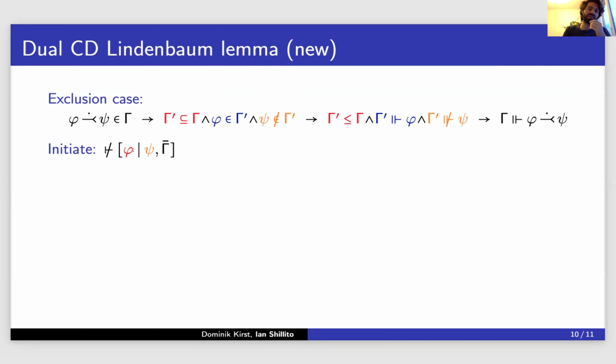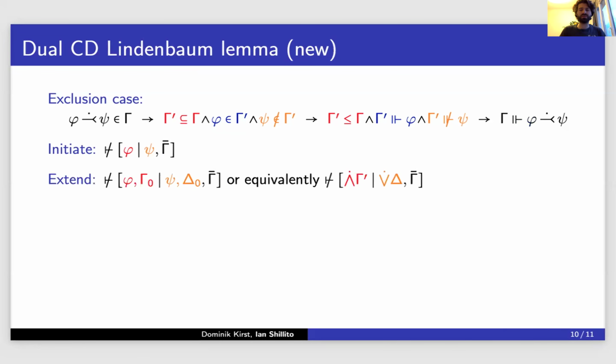The idea being that all the formulae that we'll add on the left-hand side won't be in the complement of gamma. So that means that all of the formulas on the left that we'll add will have to be in gamma. And so the theory we'll end up with will be a subset of gamma.